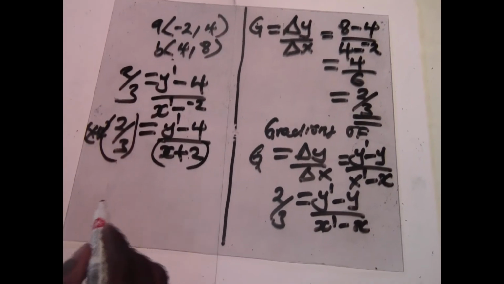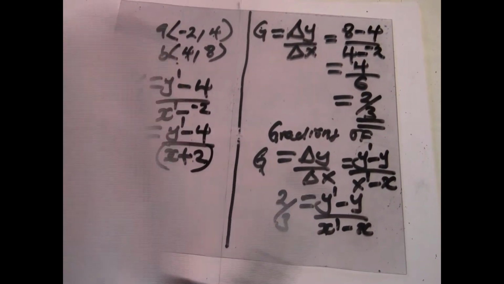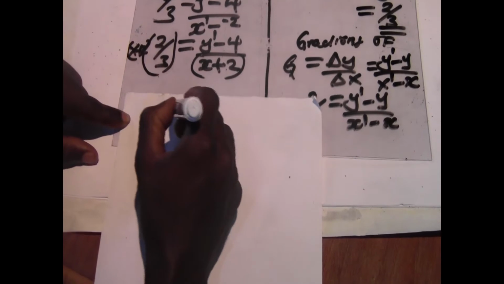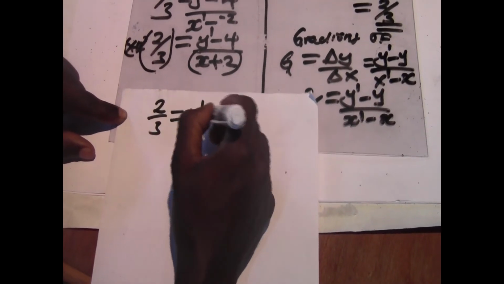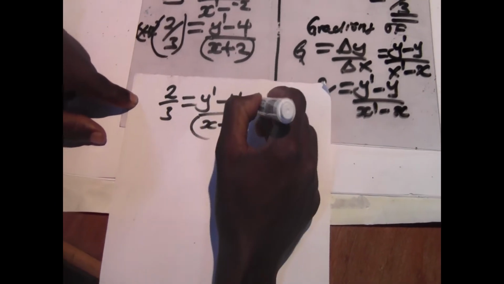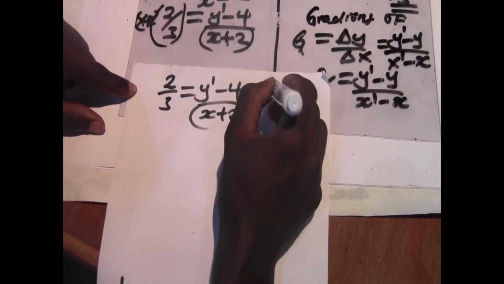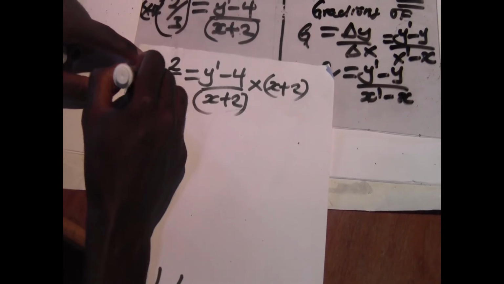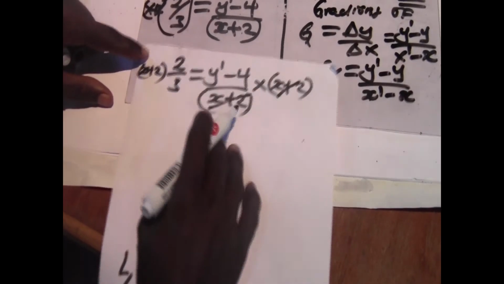Are you together? So this one will be 2 over 3 is equals to y over x plus 2. So it will be times x plus 2. So this one will cancel this one.